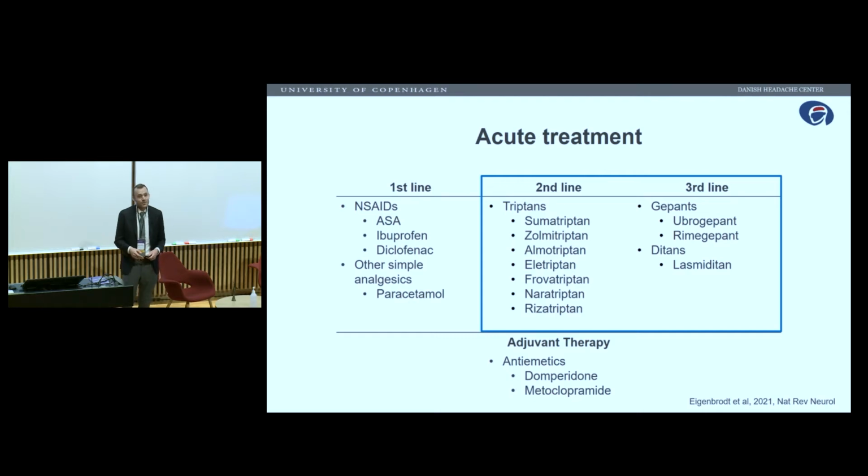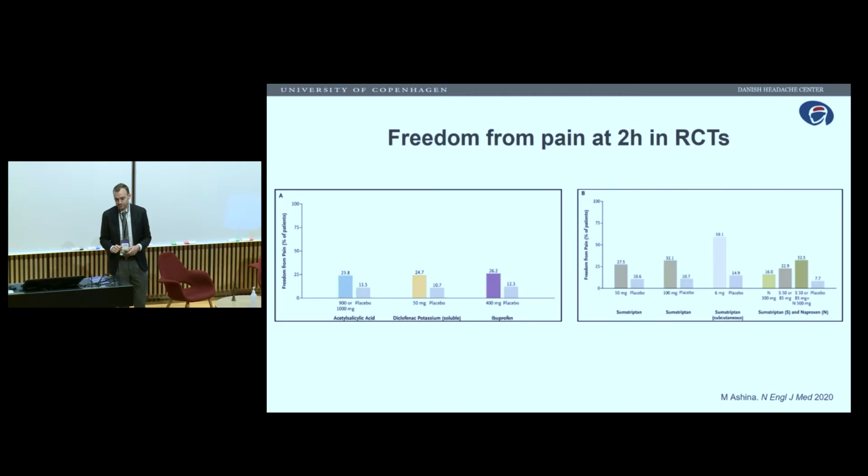So you see now that I'm already moving ahead towards the second and maybe the third line of treatment. So we are rapidly progressing through this. Just remember that you should still have tried the first line in the step care approach. So let's look at some data.